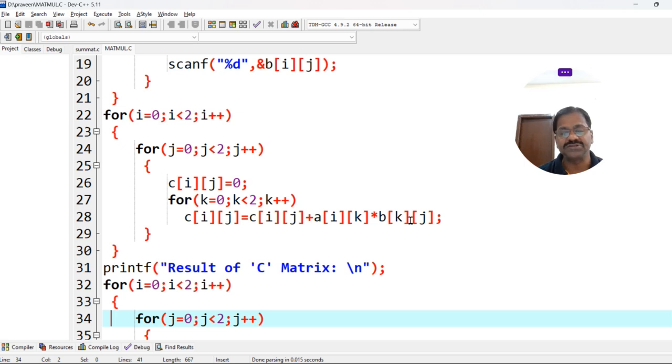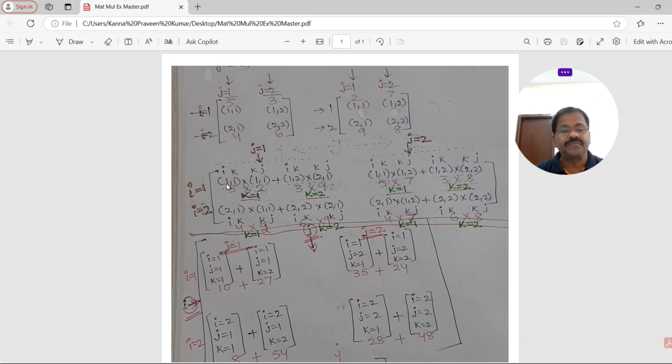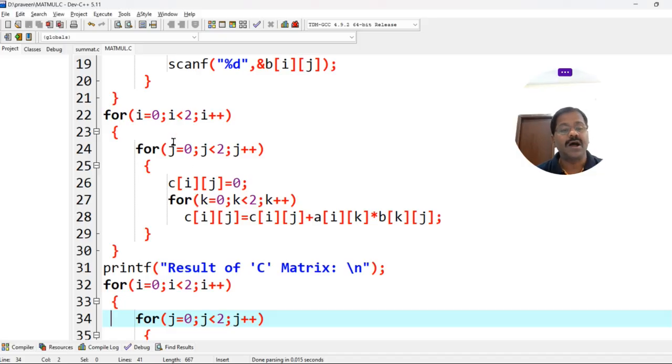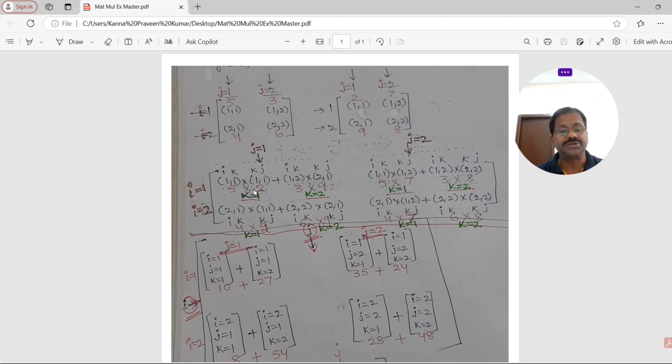Next, in the second matrix, 0th row, 0th column. You see here, I1, K1, and here I0, J0, K0. Here I have taken 1 1, but here 0 0.